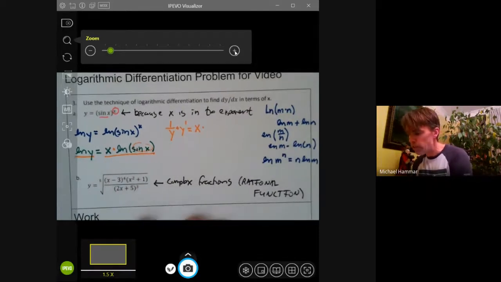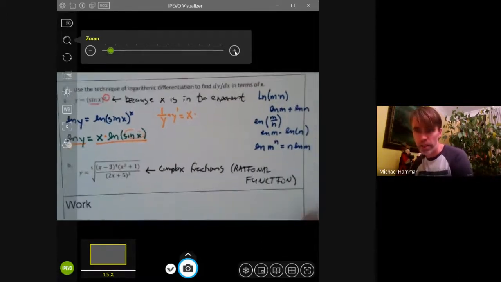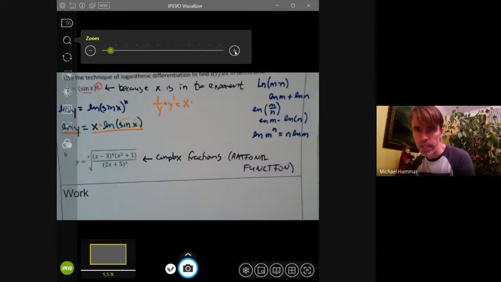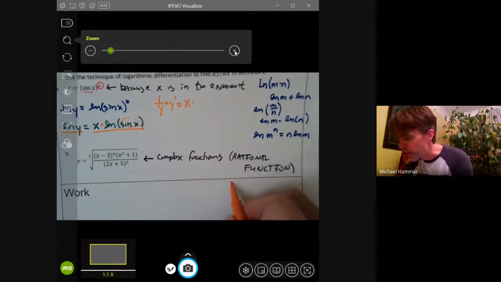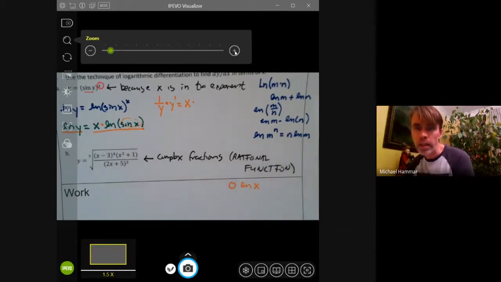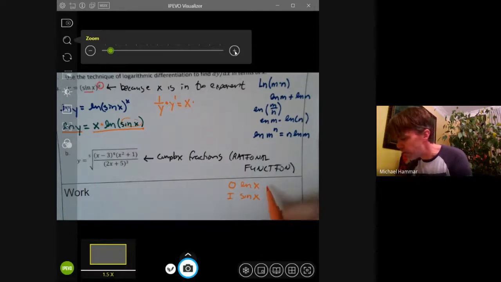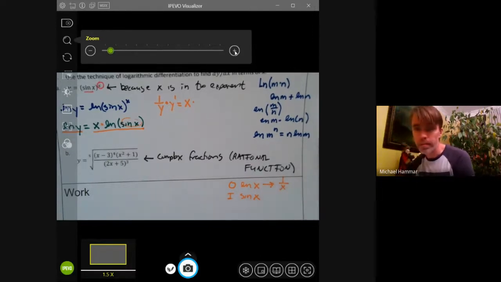So I'm going to kind of just move down here a little bit and just do my work off to the side. And I'm going to follow sort of the chain rule. So my outside is the natural log of x. The inside is sine of x. Okay? So when we take the derivative of natural log, of course, is 1 over x.